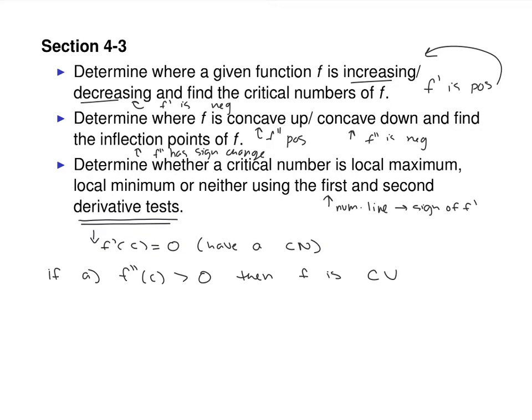Concave up. So at x equals c is a min. The fact that the second derivative is positive doesn't mean max. The fact that the second derivative is positive means concave up. Think about what concave up looks like. That means it's a min, right?